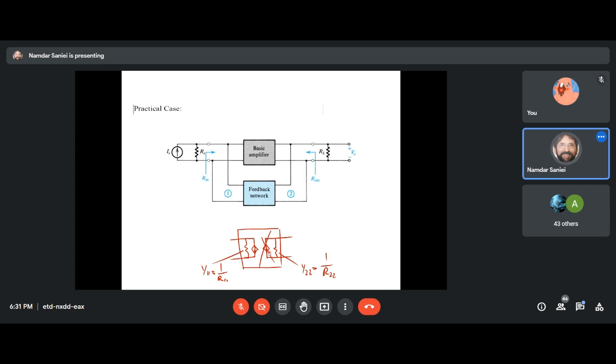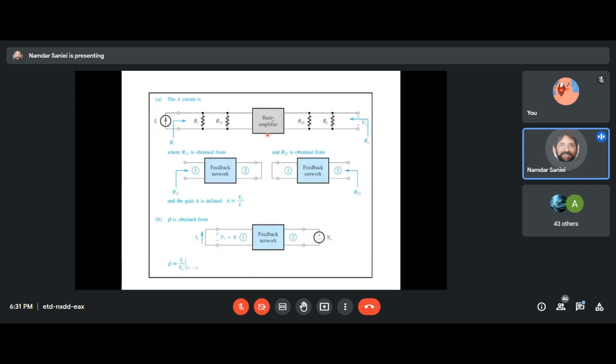But this other one we can ignore, because it is the one that brings the effect of the input side to the output for this feedback network. Based on the assumption of unilaterality, this is ignored. But in general, this is what we get.